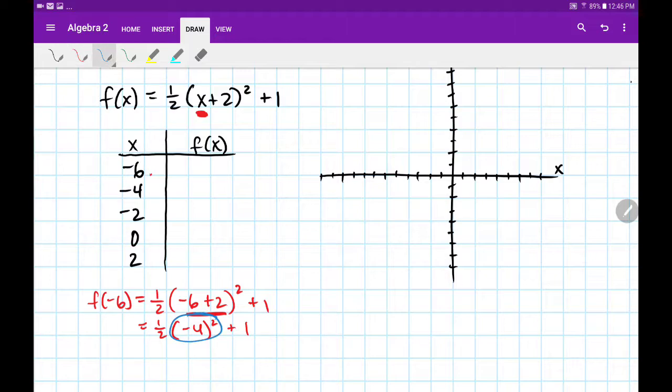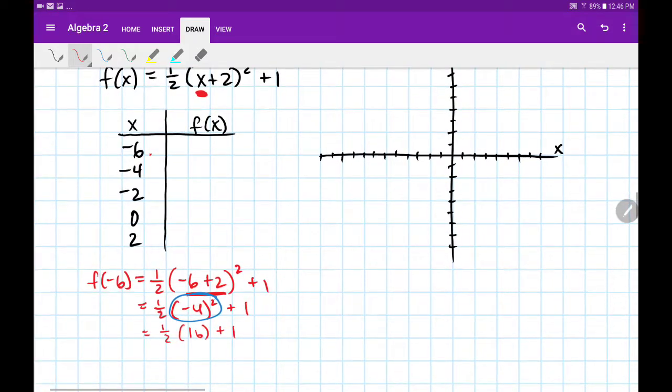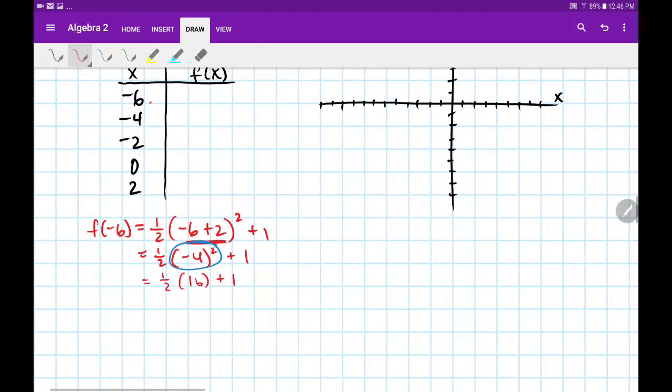So negative 4 times negative 4 gives me a positive 16. Next, we multiply in that 1/2. 1/2 of 16, you can put it over 1 and multiply straight across, gives me 16 over 2, which is really just 8. And then we'll add, and our answer is 9.